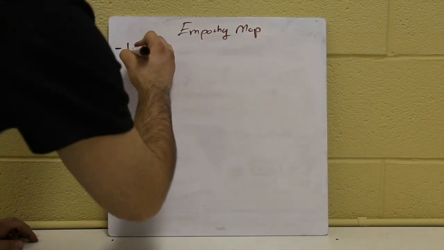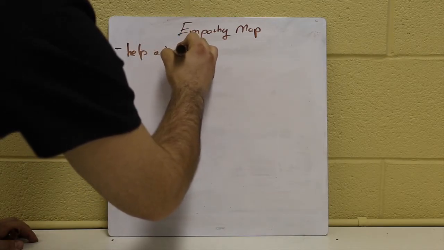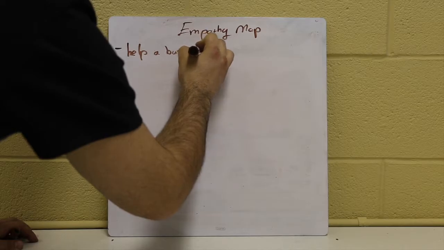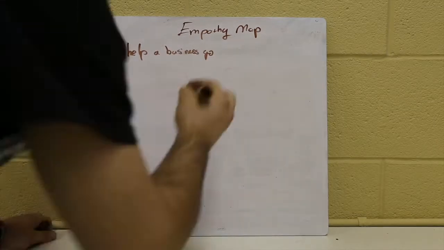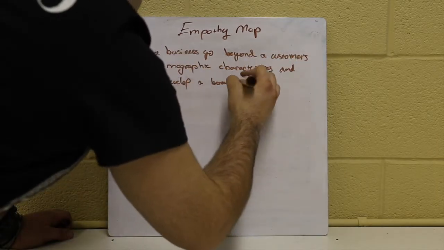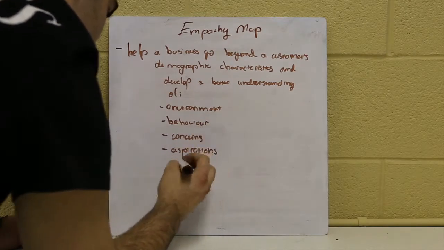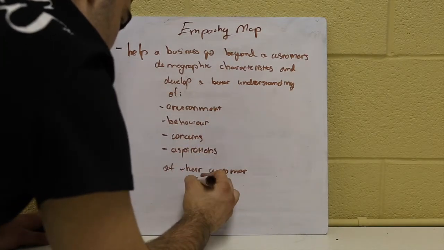Moving on to the chapter of design, the first thing that we're introduced to in this chapter is what's called an empathy map. An empathy map is basically used to help a business go beyond the customer's demographic characteristics and develop a better understanding of the environment, behavior, concerns, and aspirations of their customer segments.